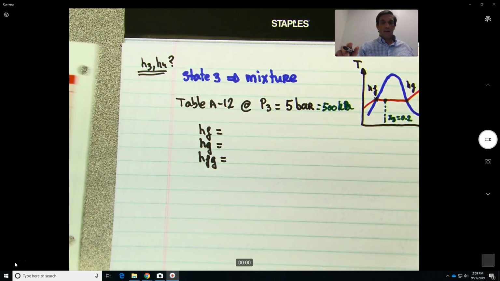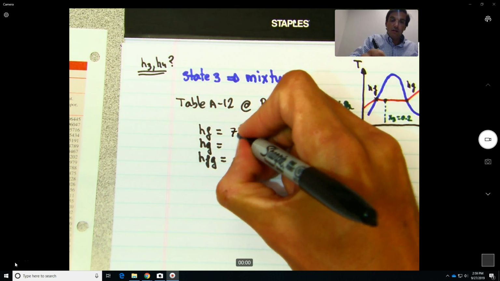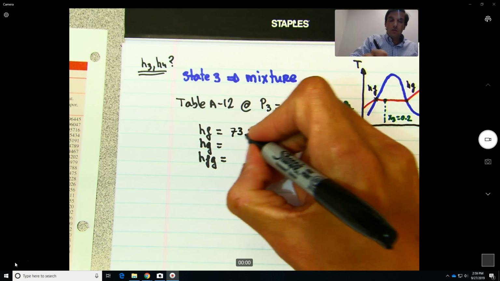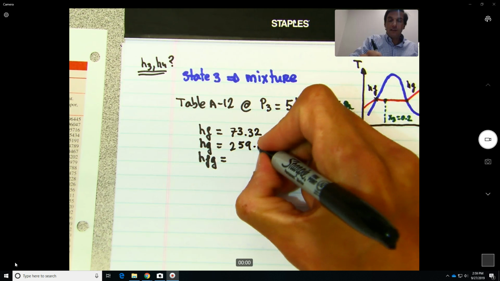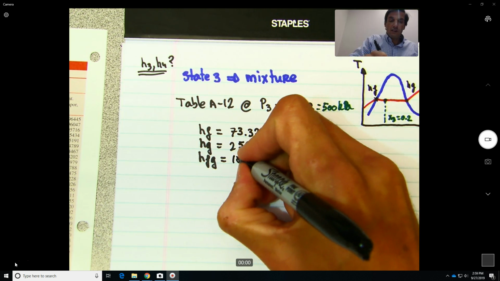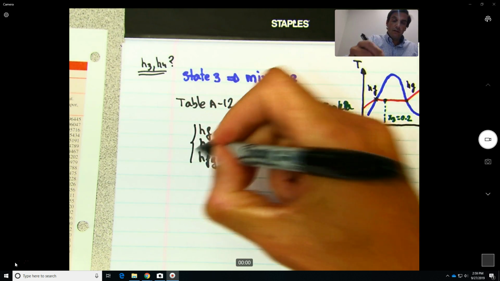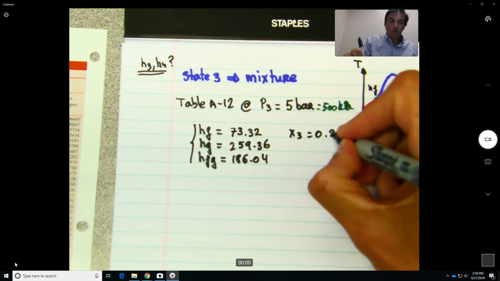If I write this down, we get 73.32, 259.36, 186.04. And we know that X3 is equal to 0.2.